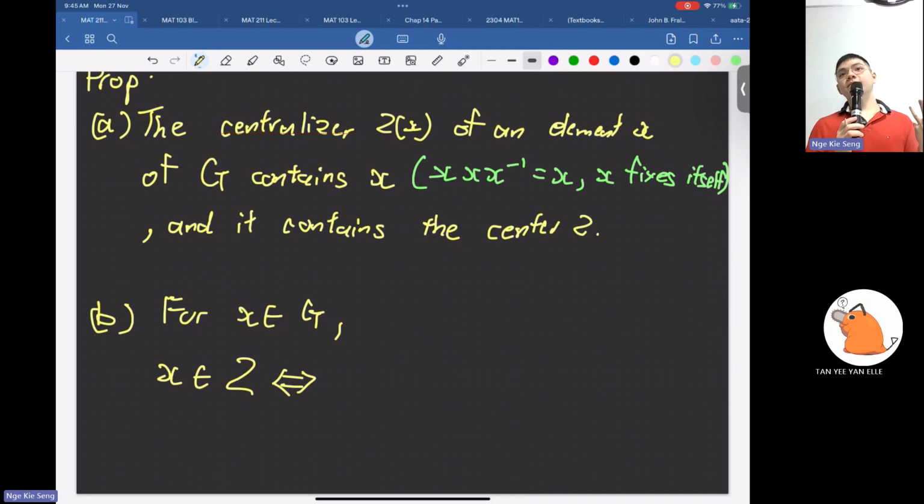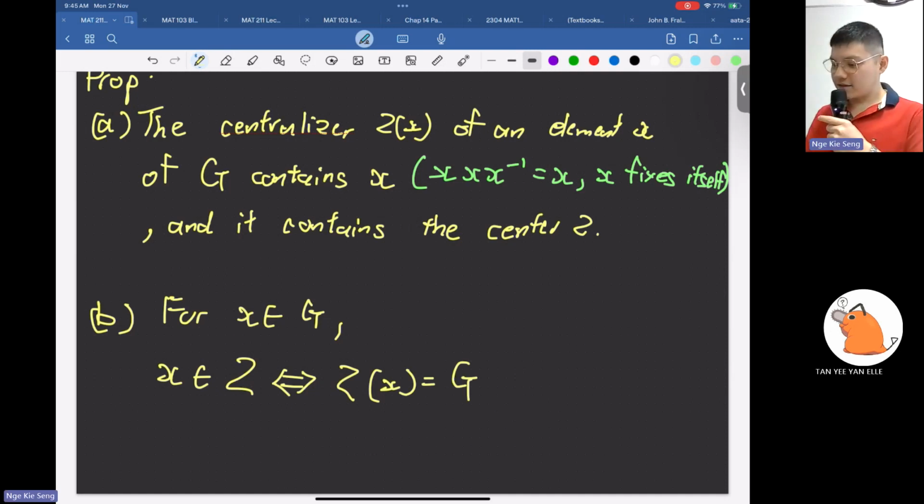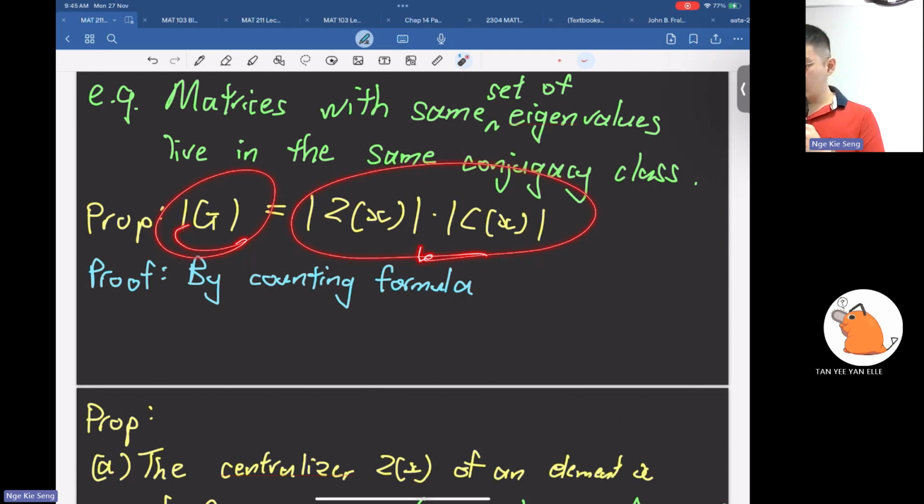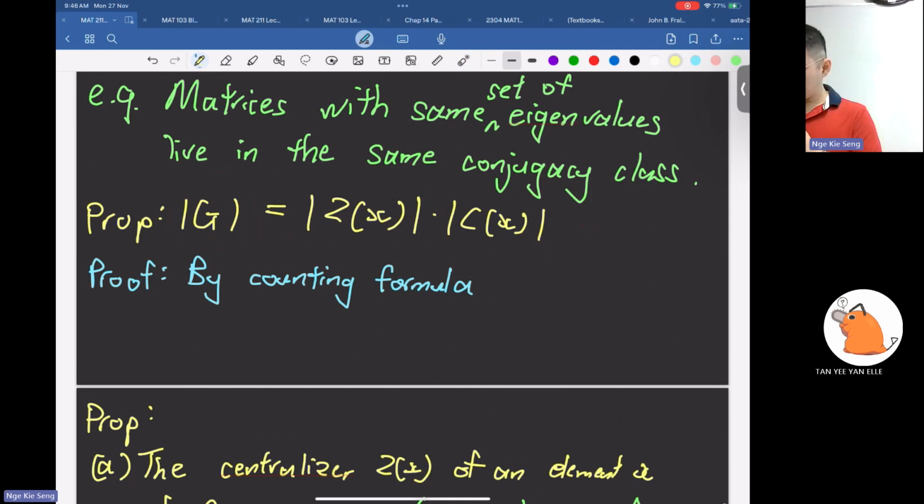This means the centralizer of x is the whole G. But by this counting formula here, if I know the centralizer is the whole G, what is the number of my centralizer here?